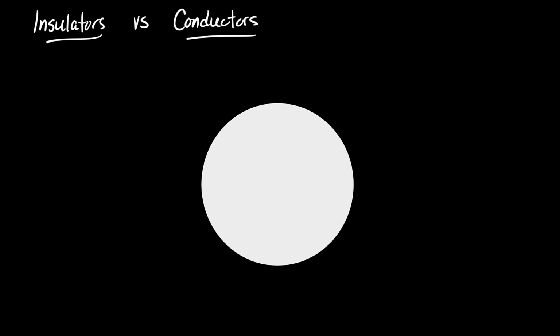Gauss's law works in all situations. It is a law. So no matter what the situation happens to be, you can always apply Gauss's law to it. That's going to have some interesting implications, especially as it comes to conductors.